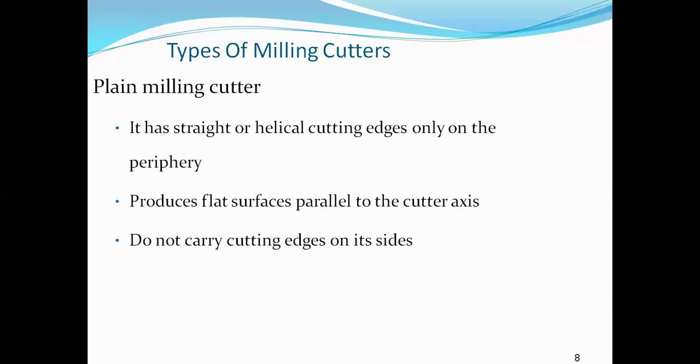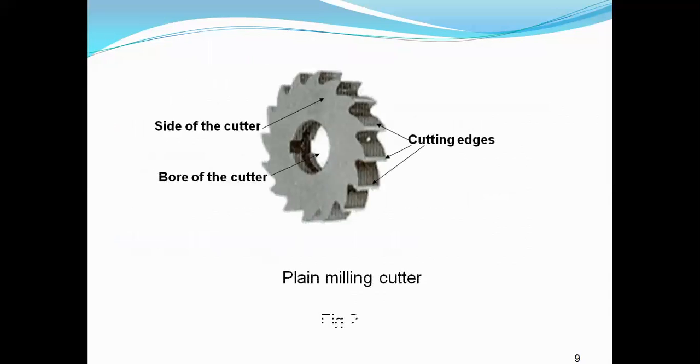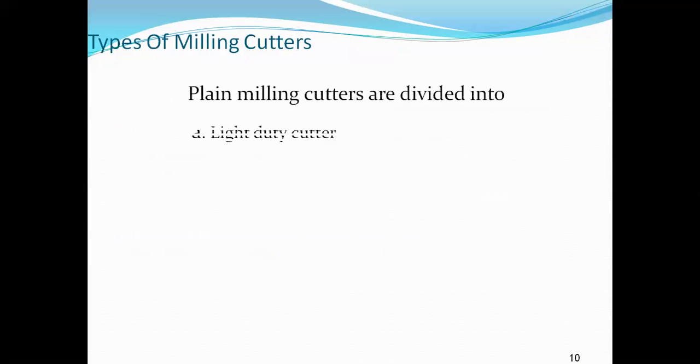It does not carry cutting edges on its sides. If the width is increased, it becomes a slab mill. This is the plain milling cutter.